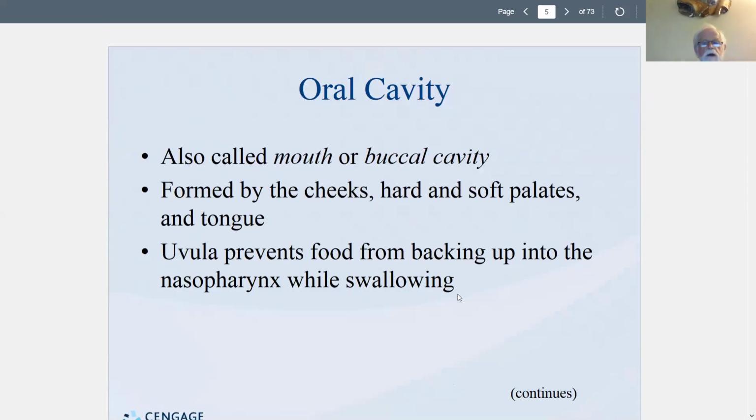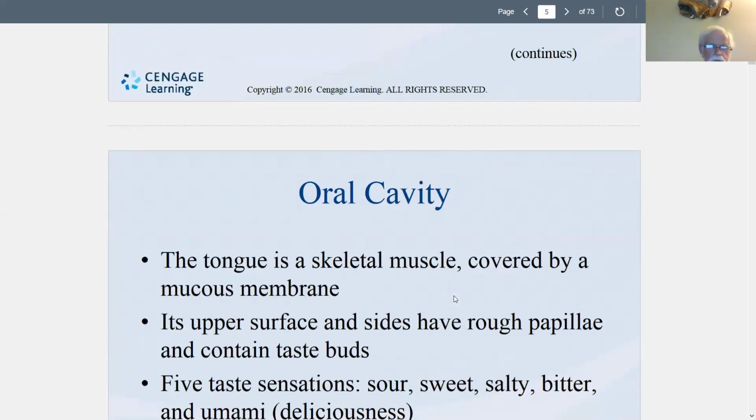The oral cavity is sometimes known as the buccal cavity. Cheek, hard and soft palates, tongue, etc. We have the uvula at the bottom of our throat, that little hangy downy thing that we see, that prevents food from getting into the nasopharynx while we're swallowing.